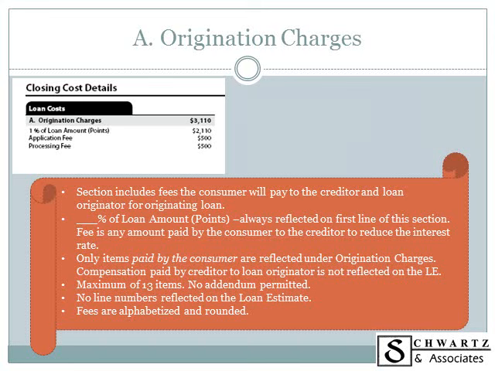An addendum itemizing additional charges may not be used for origination charges. And from a formatting perspective, all fees listed below points must be listed in alphabetical order. The fee amounts are rounded to the nearest whole dollar, with a sum of all figures reflected at the top of the section. And finally, you'll notice that there are no line numbers reflected on the loan estimate.